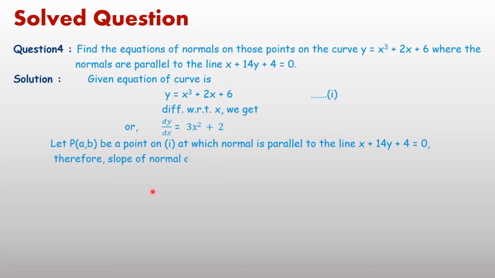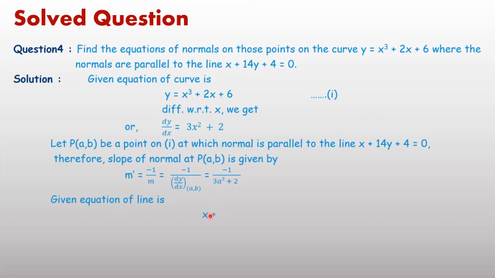Therefore, slope of normal at given point we can write using formula m dash equal to minus 1 upon m. Minus 1 upon m means slope of tangent, means dy by dx at (a, b), equal to minus 1 upon value of dy by dx at (a, b), means 3a² plus 2. That is written here. Slope of normal we are getting as minus 1 upon (3a² plus 2).